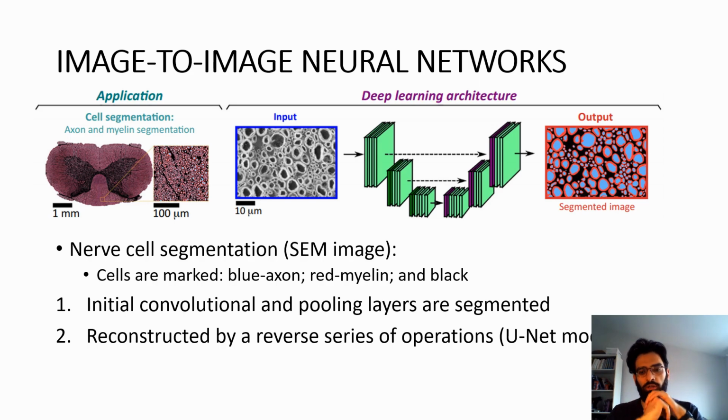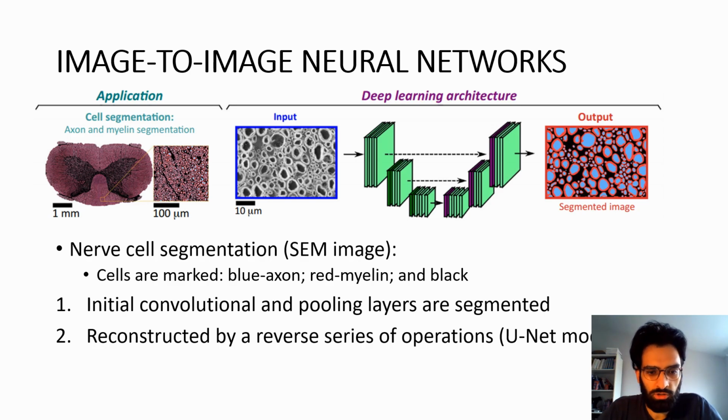pyramidal pooling approach. In the first one, the encoder-decoder one, you get images as shown here. The images to the left, 2 colored images, are SEM images of nerve cells. And these cells are segmented throughout this process. The image of cells actually segmented. How is it done?